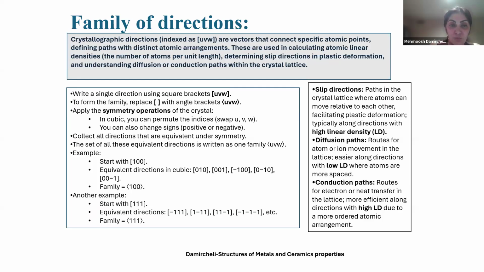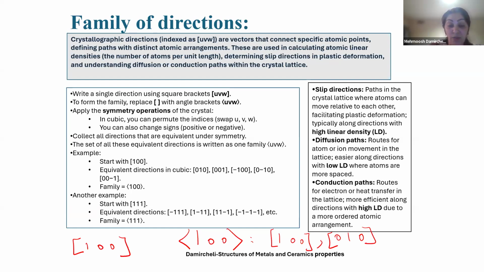UVW means, start with 1, 0, 0, okay? So first, I write <1 0 0> means the family. It includes all the directions; I want to write that. It should be another direction, [1 0 0], comma, swap, that means rotate, it should be [0 1 0], yeah?